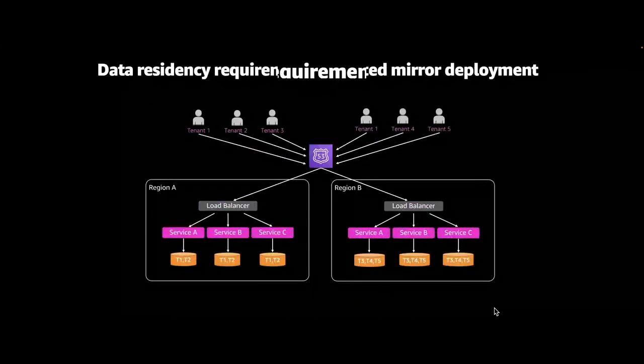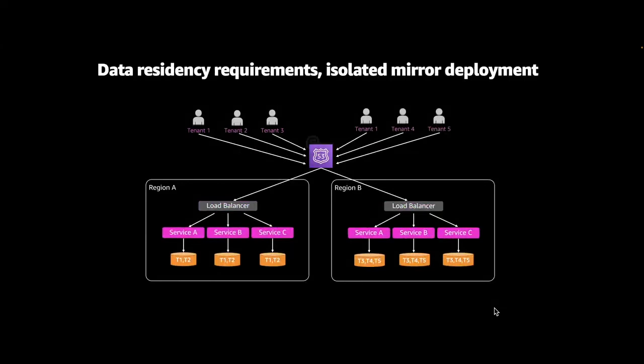But there are some times where there are data residency requirements, isolated mirror deployment, and then you can leverage solutions like, I'm sorry, you can use Lambda with CloudFront, Lambda@Edge, to route traffic instead of using Route 53.